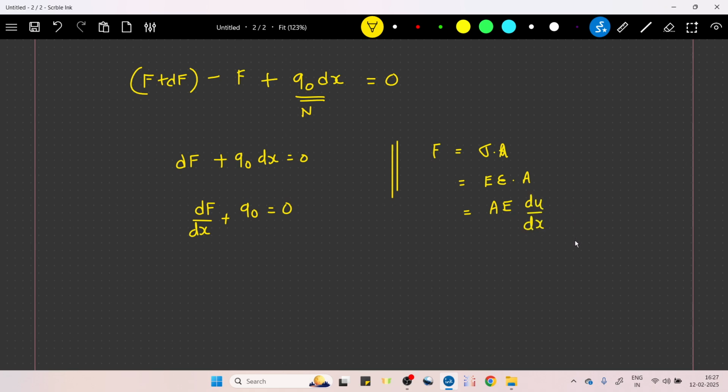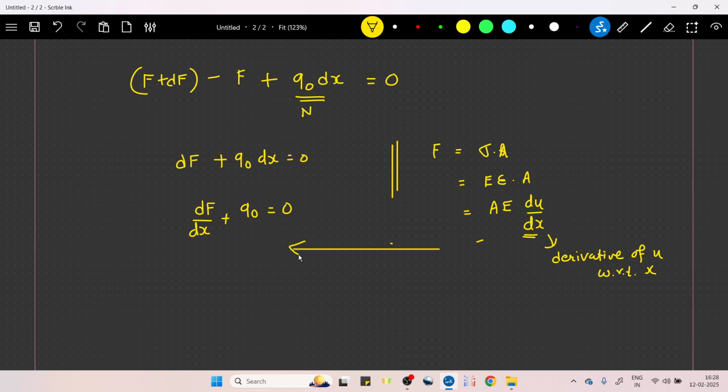So du by dx is nothing but the deformation gradient, or we can say the derivative of u with respect to space or coordinate. So this is nothing but strain.